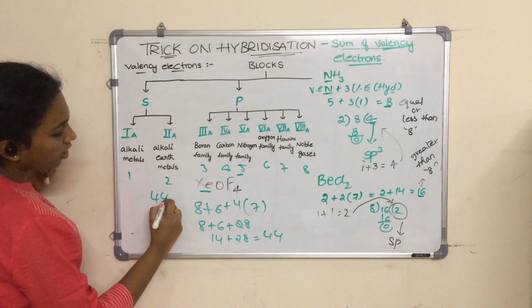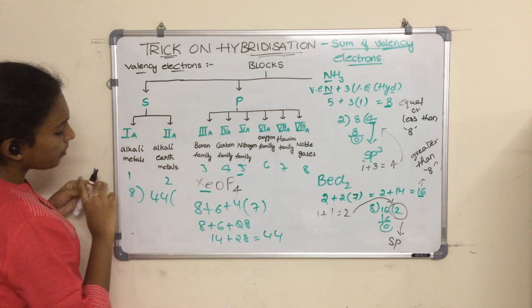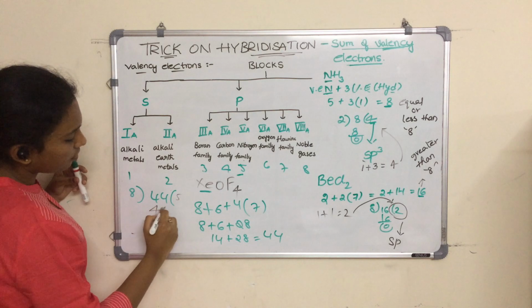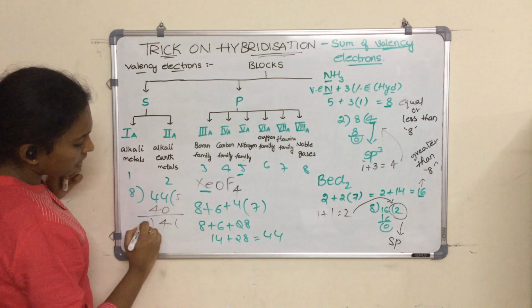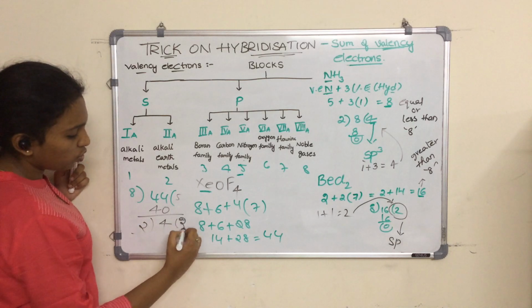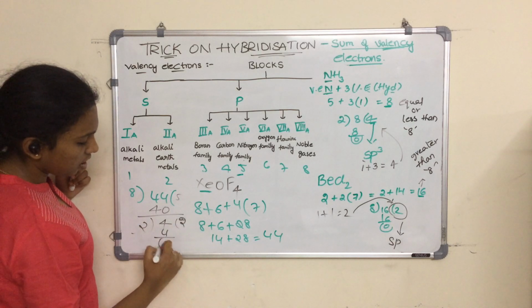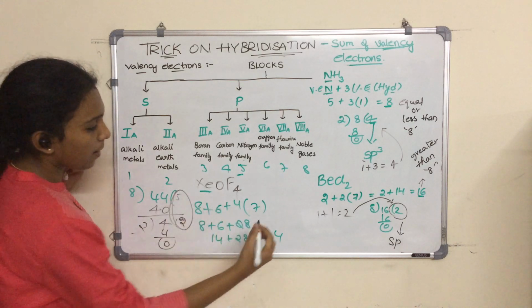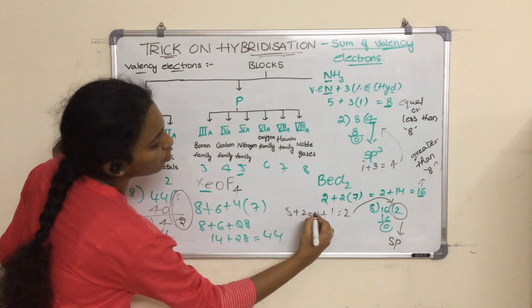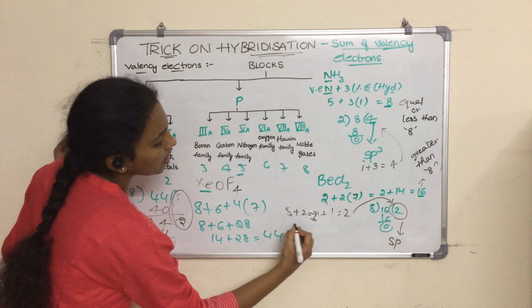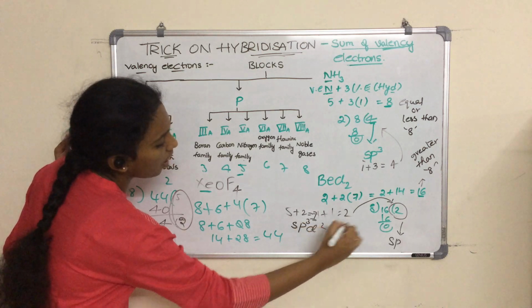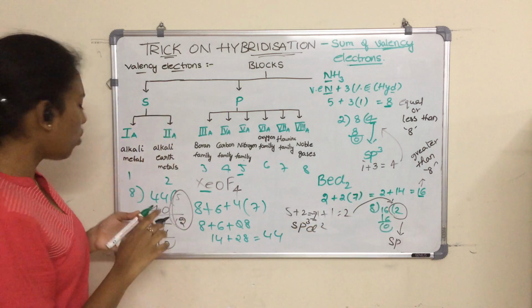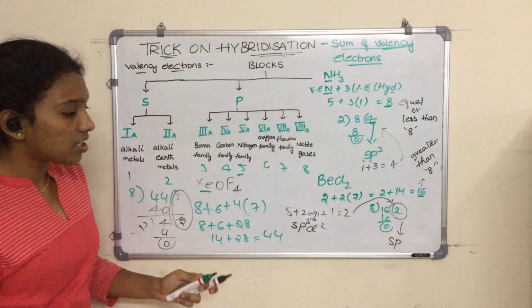Now divide that 44 by 8. 8 fives are 40, remainder is 4. So divide it by 2. 2 twos are 4, remainder 0. So the total is 5 plus 2, which equals 7. That is sp3d3 hybridization.